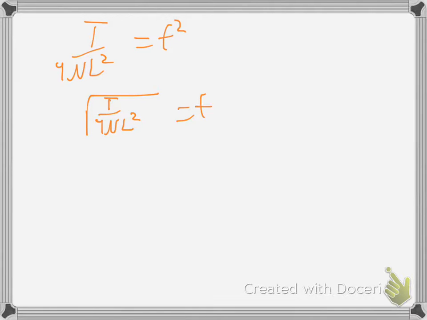Okay, so now we have T over 4 mu L squared is equal to frequency squared. So then the square root of that is going to equal F. And remember that tension is just going to be mg. Okay, alright. So we should be at the point now where we can plug in our values.